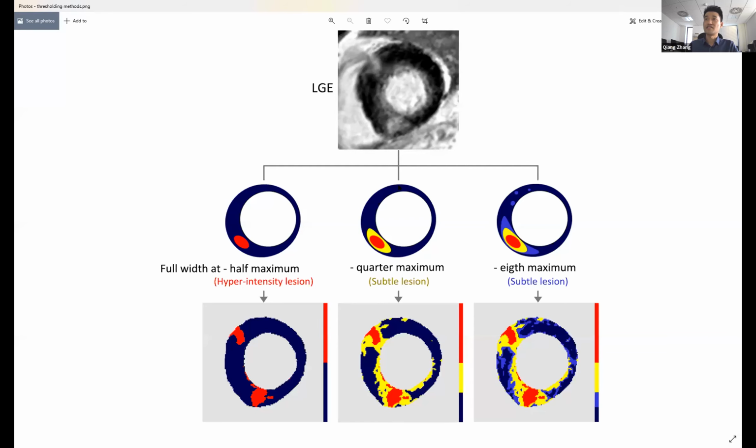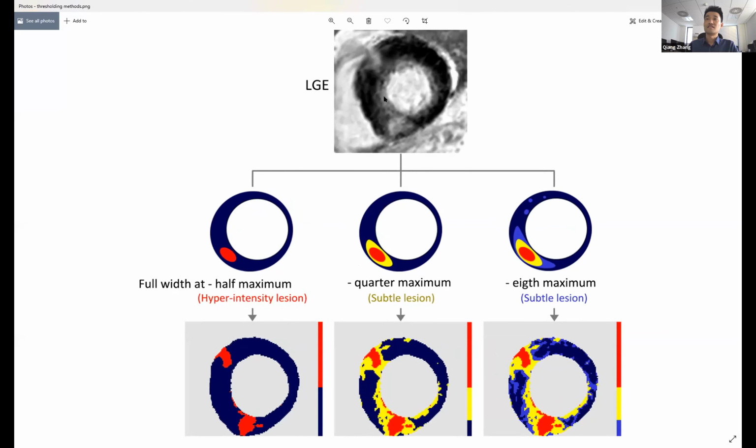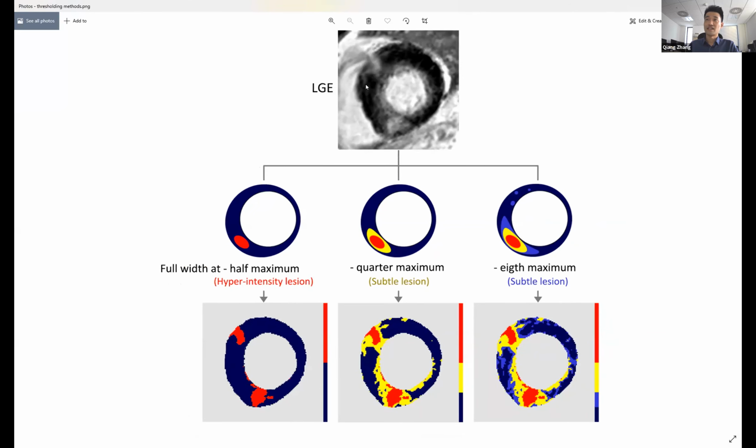Let me show you this example here. This is an LGE image from an HCM patient. We not only see these focal lesions, but also sometimes those subtle intermediate lesions in the LGE image. And those signals have been reported in the literature to correlate with HCM patient outcomes as well.